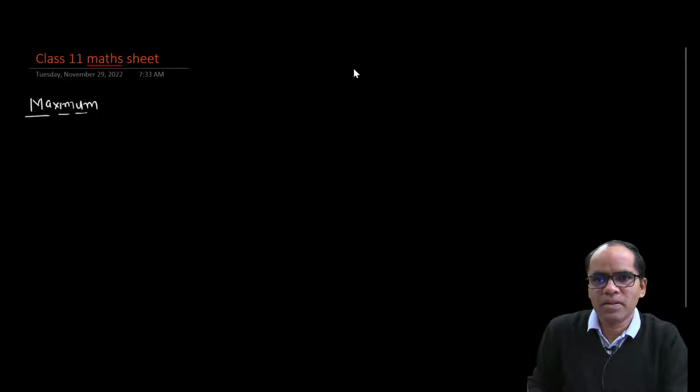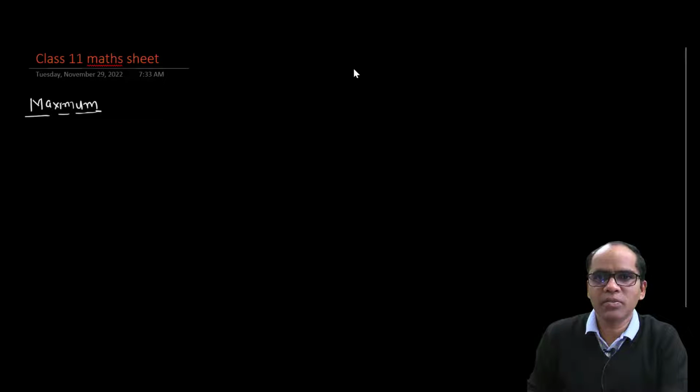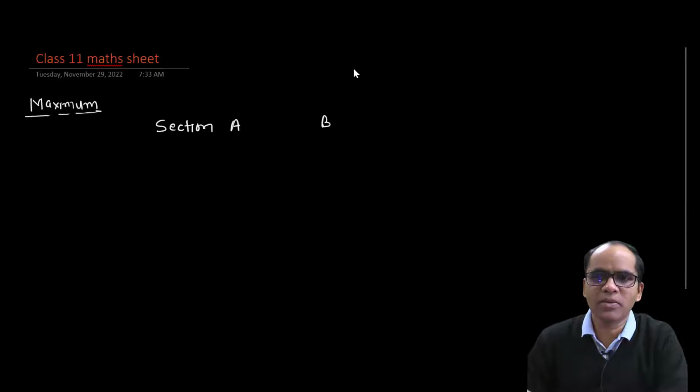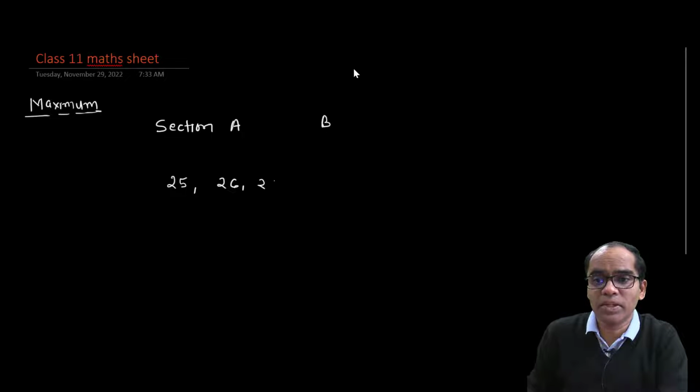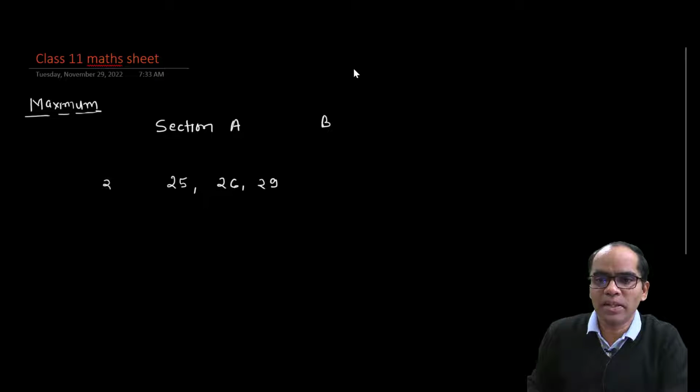Maximum. Suppose you are studying in a class and there are two sections, section A and section B. In section A, suppose the teacher is arranging a test for your subject, and students scored out of 30, some scored 25, some scored 26, some scored 29, and some scored 20.